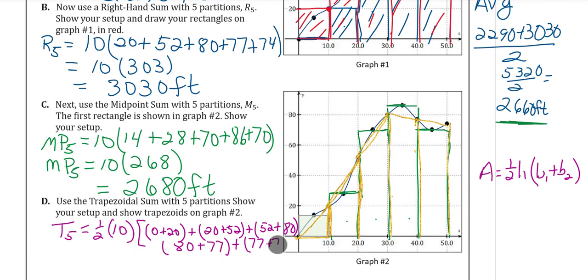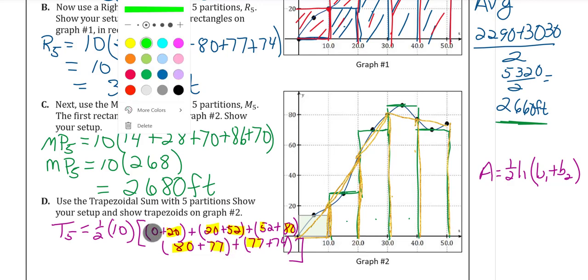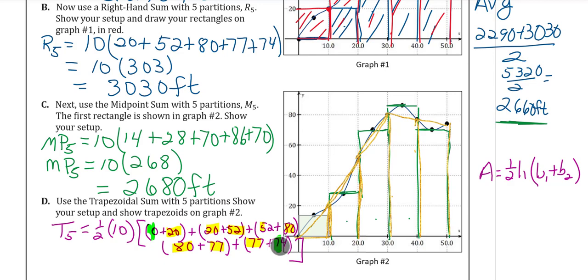Now, what I want to point out to make some of this arithmetic a little easier is, except for the first and last base, you use every other base twice. There's two 52s, two 20s, two 80s, two 77s. The only ones that are different is the very first base and the very last base.